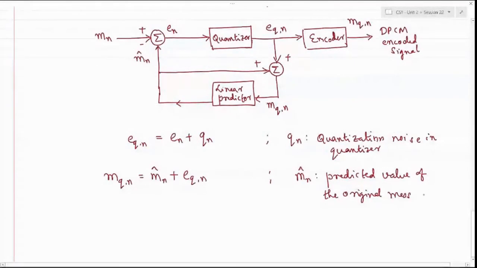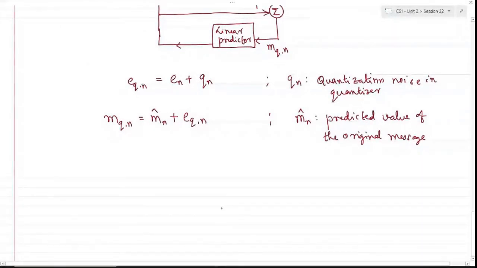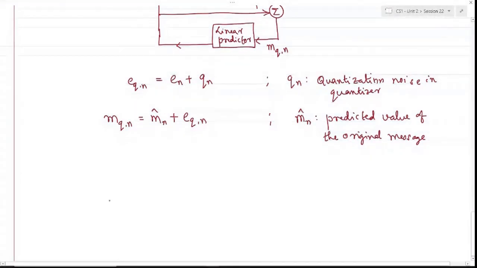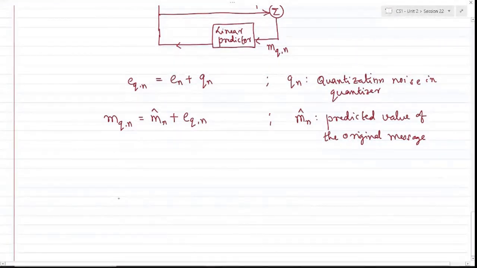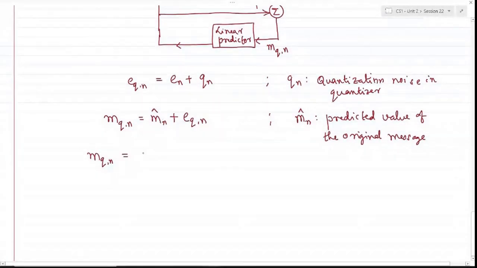In the sense that the next sample in the process can be predicted based on the correlation across the adjacent samples. So with that high correlation assumption only, we can try to predict what will be the next sample incoming into the system.